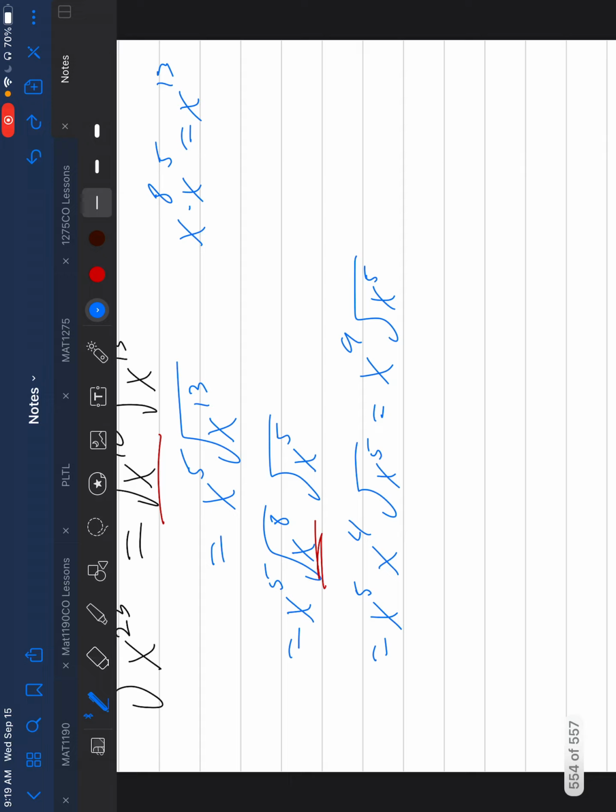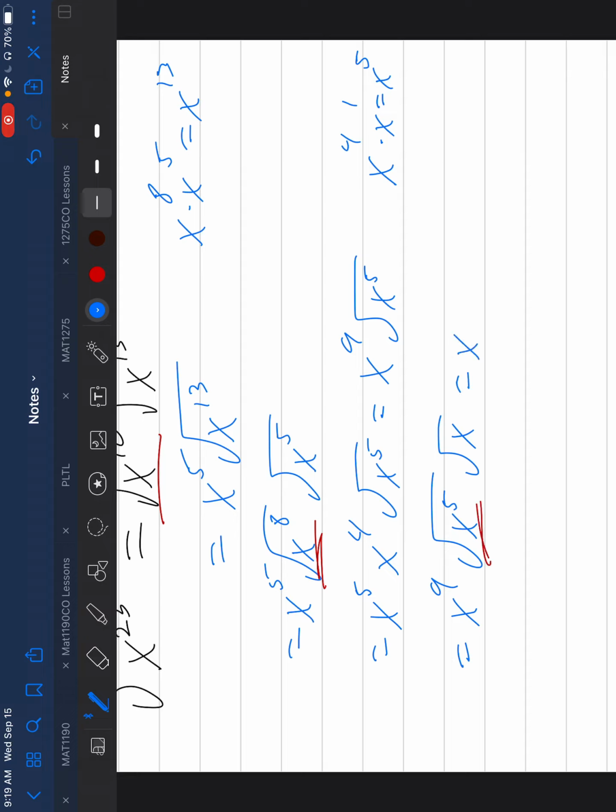So can we split up x to the 5th over here? And the answer is yes. X to the 4th times x to the 1st is going to equal x to the 5th. So let's go with x to the 9th, radical x to the 4th, radical x. Again, we have a perfect square right there.